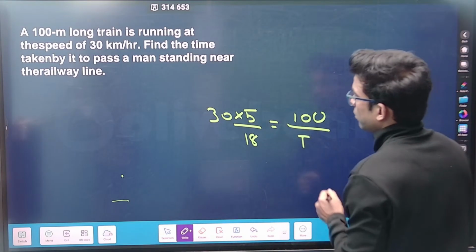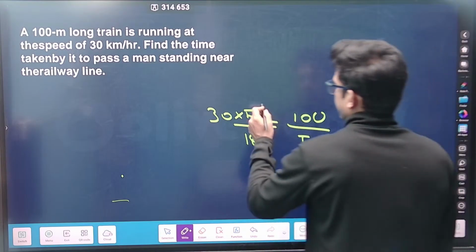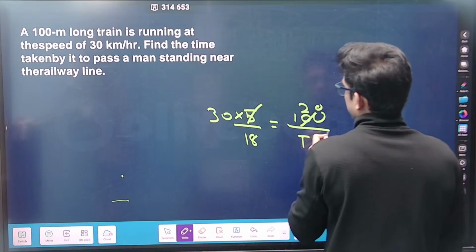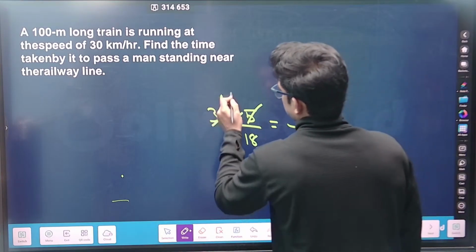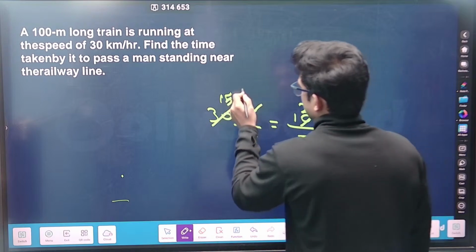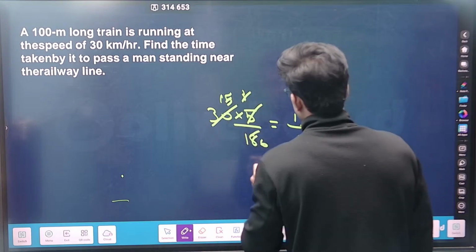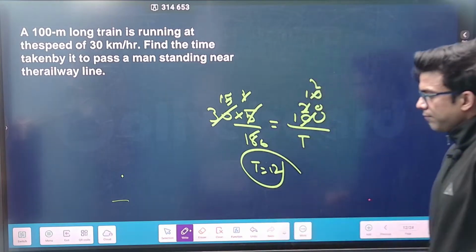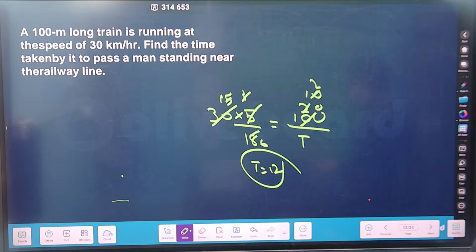We need to figure out the time now. So t equals 12 is the answer, right? I think 12 was the answer everyone is getting. 12 seconds.